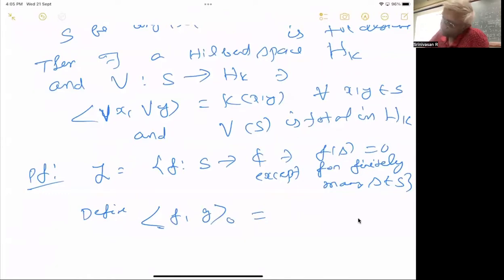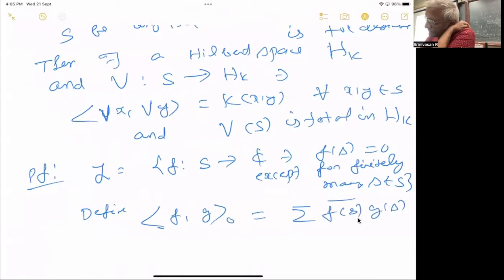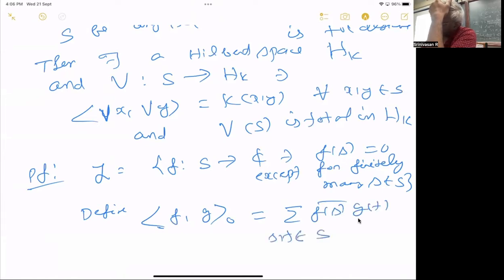That is equal to the summation of conjugate f(s) g(t) K(s,t) over s and t, where K is capital K.